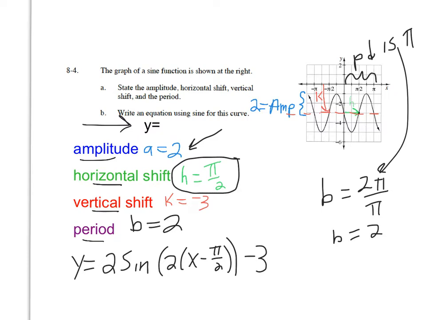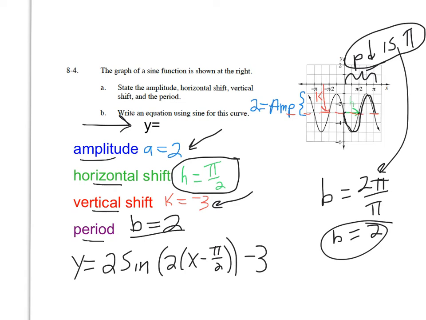Vertical shift is the red K, that's down 3. And our period, well, it looks like 1 complete cycle is completed in pi, so our period is pi. So B is 2 pi divided by pi, or B comes out to be 2. And then put them in to write your equation.